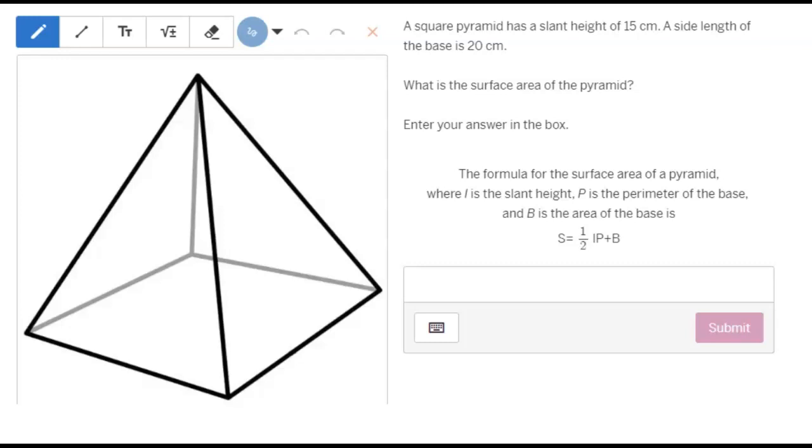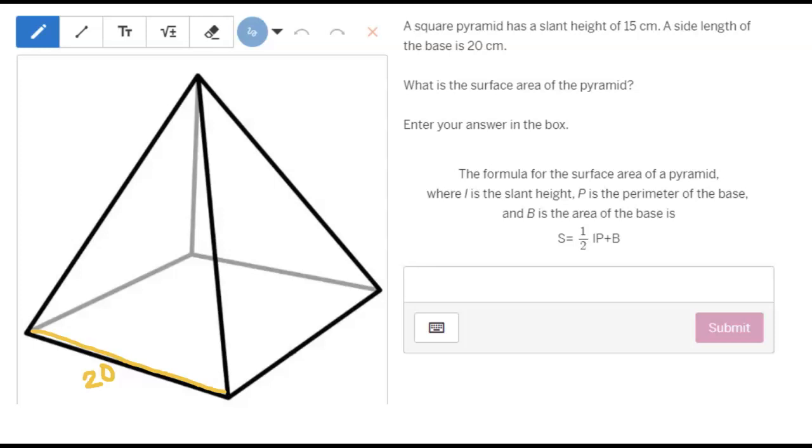So keeping in mind that surface area means that I'm going to wrap this pyramid like a gift. So let's start out by notating what we know. First of all, we know that this side right here measures 20. I also know in order to get the perimeter, that means I'm going to walk 20, 20, 20, 20.